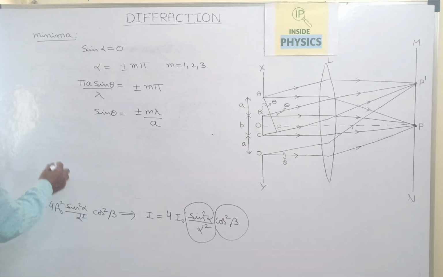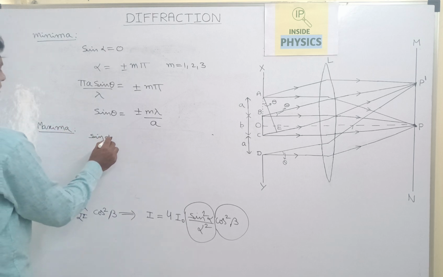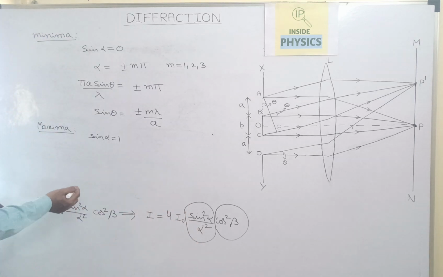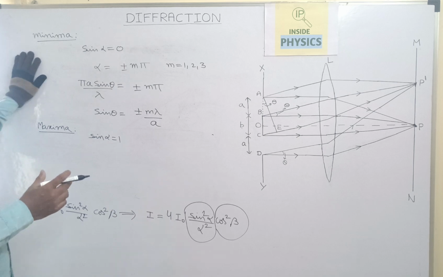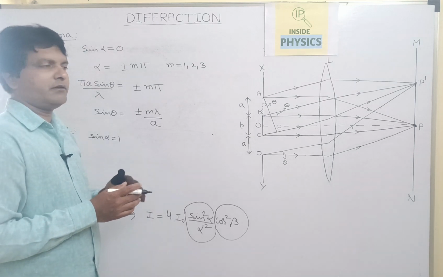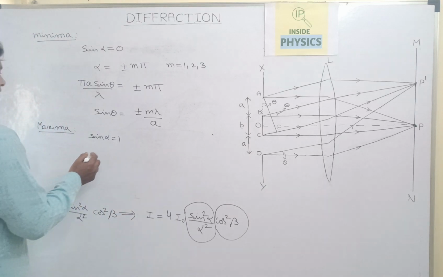And here is the condition for maxima, considering the sine term. What is the condition for maxima? If sine alpha is equal to 1, then this term will be at its maximum value, because the sine function will always vary between -1 and +1. That is the range of the sine function.